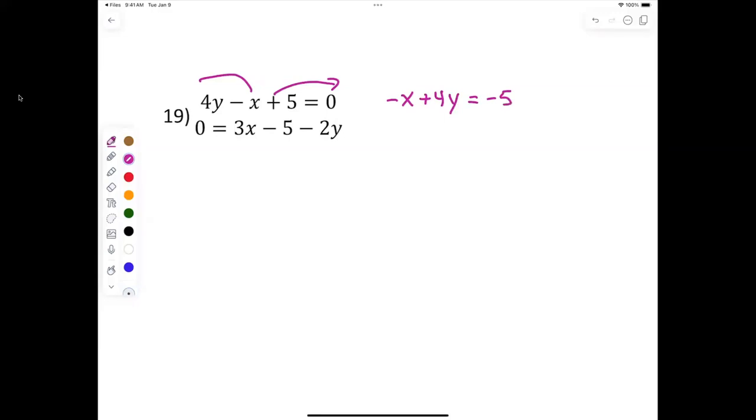Over here, we get 3X minus 2Y equals, I move the 5 over, so it becomes +5. Anybody have any problems with that? All right, don't be fooled just because they're all messed up. Just write them in alphabetical order, all right? And then move the variable to the other side. So Luke, what am I going to do to solve this?